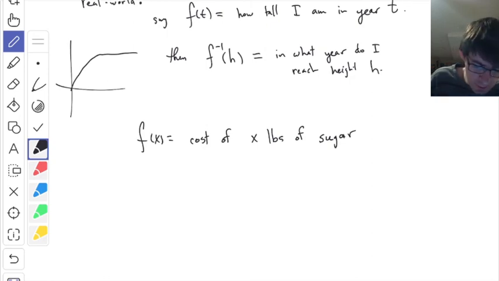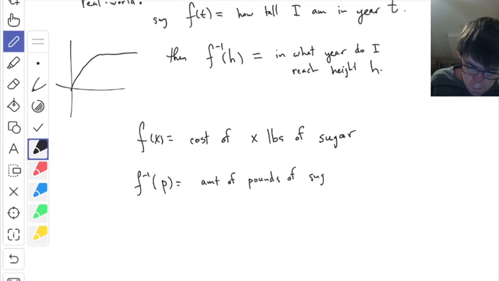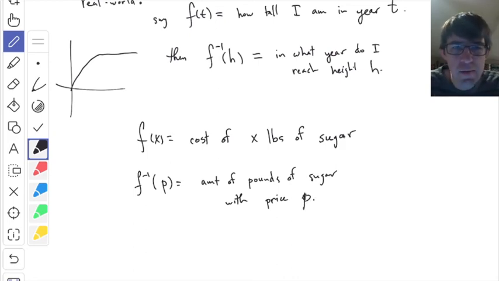So the inverse would be something like f inverse of p, for price. This would be the amount of pounds of sugar with price p. How much sugar can I get for this much? Both are useful, the inverse has an important meaning in the real world. That's what I'm trying to say here.